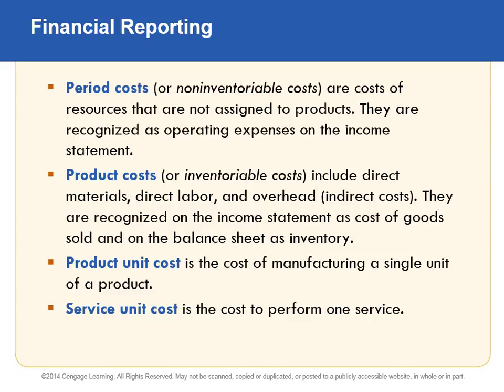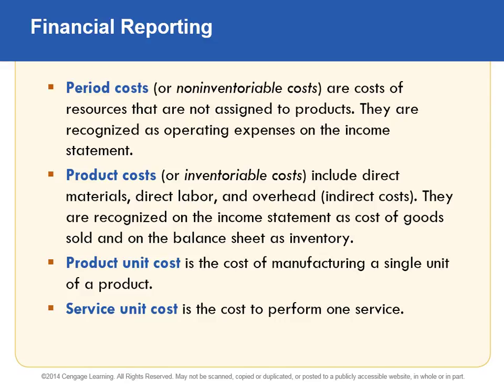Remember, we are under financial reporting, so they are included in the income statement and the balance sheet. Even inventory is included in cost of goods sold. Remember, beginning inventory plus purchases available for sale minus ending inventory equals cost of goods sold. You remember that?